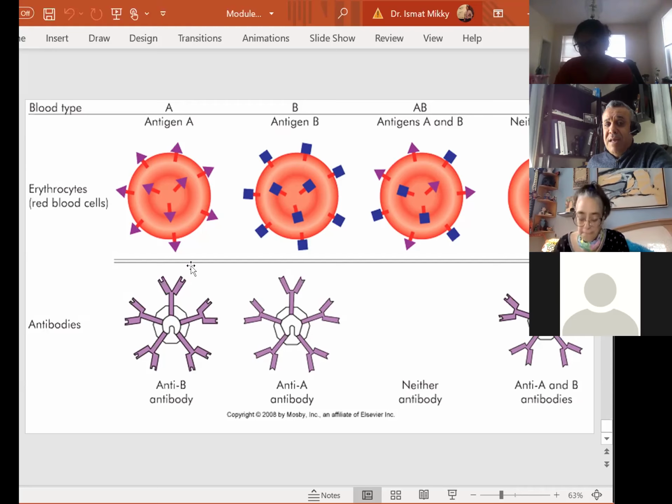So if this antibody attached to this antigen, it will result in activation of the immune response and the destruction of the RBCs. If this antibody attached to this antigen, also, because that's anti-A antibody, and this is antigen A. So it fits. A goes with A, B goes with B.